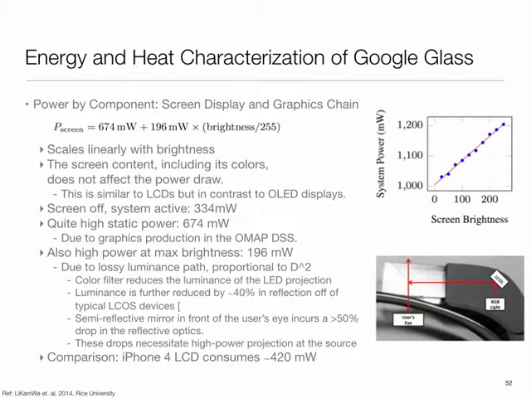The screen content does not affect the power draw, because it's an LCD display, color doesn't matter. Screen off, the system active is around 300 milliwatts. Screen on but brightness 0 is another 300 milliwatts or so, because the graphics subsystem kicks in at that stage. Finally, at full brightness, that's another 200 milliwatts or so.